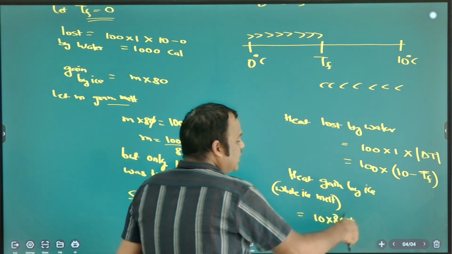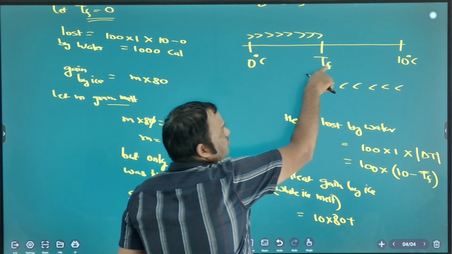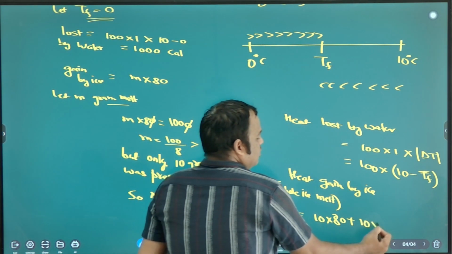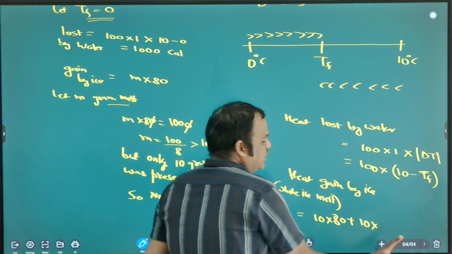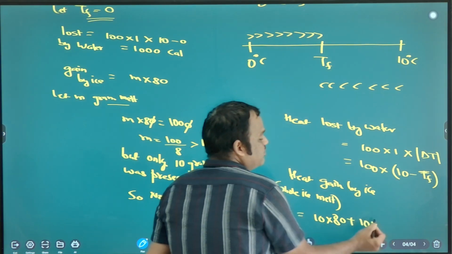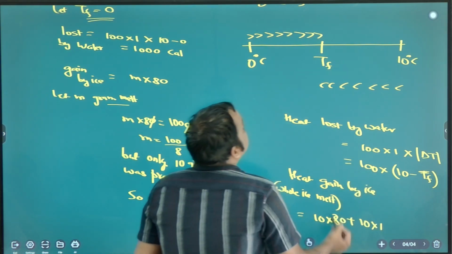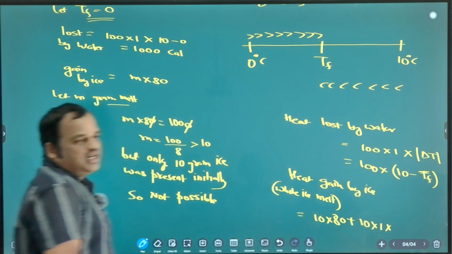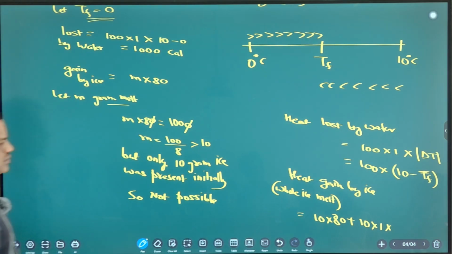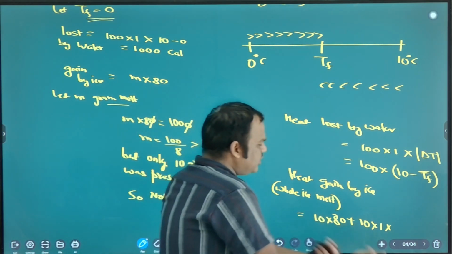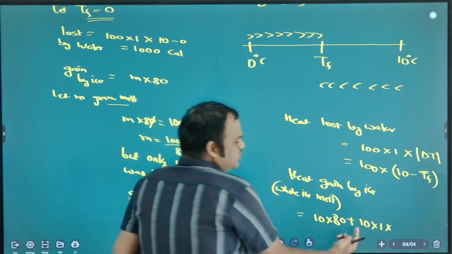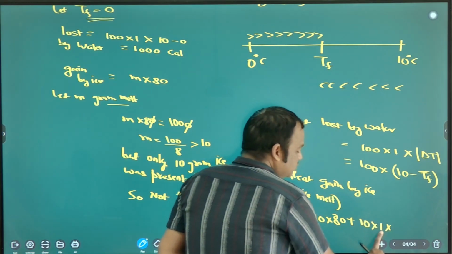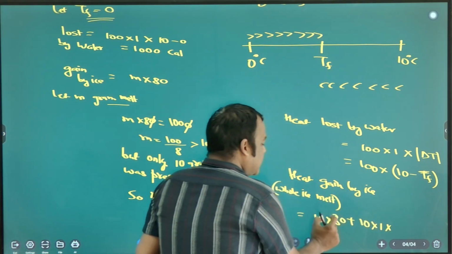Now the whole ice will go from 0 to TF, so ms delta T. After melting, ice is not solid, it is liquid. So what is the specific heat? Liquid water, so you have to write the specific heat of water. Don't write 0.5 here, write 1, because the ice melted.